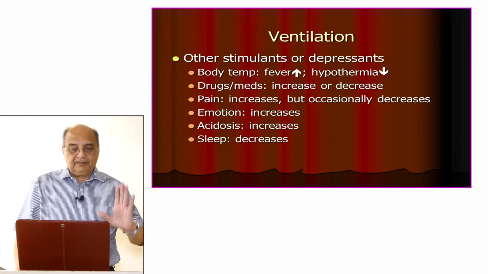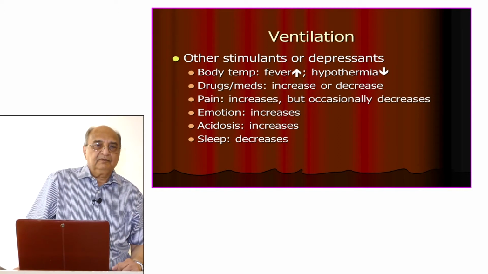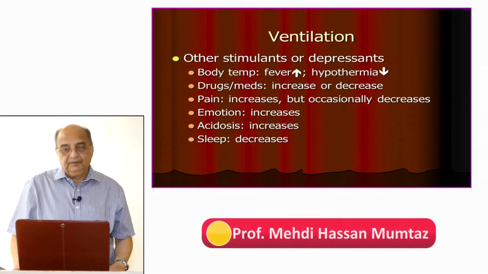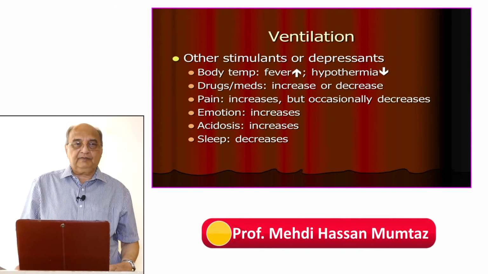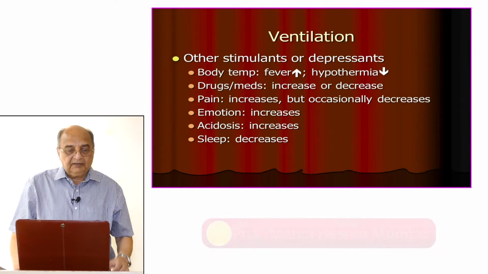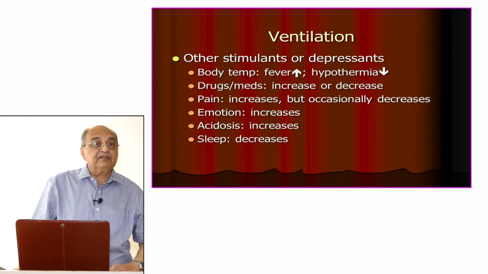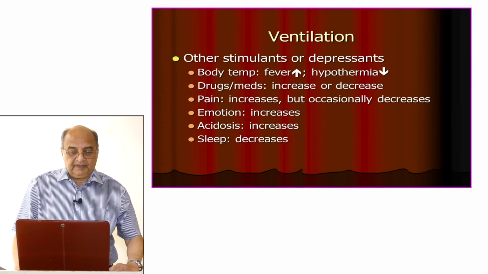When fever increases, respiration increases. When the patient is in induced hypothermia or becomes cool, it suppresses the respiration through the chemoreceptors. Then some drugs and medicines also increase or decrease the respiration.